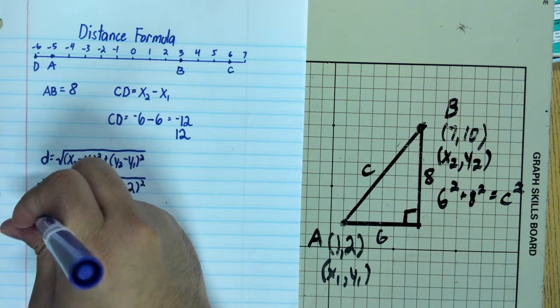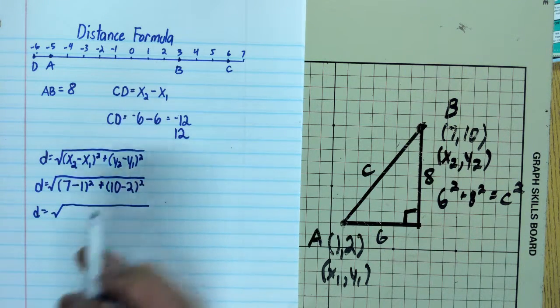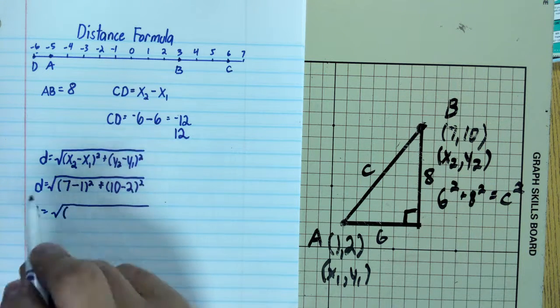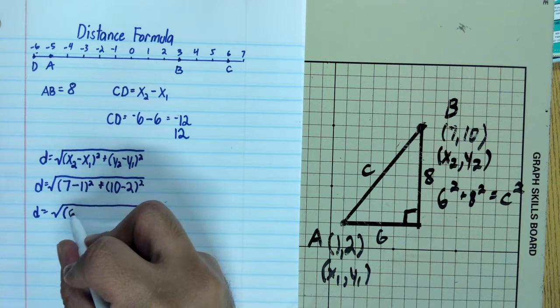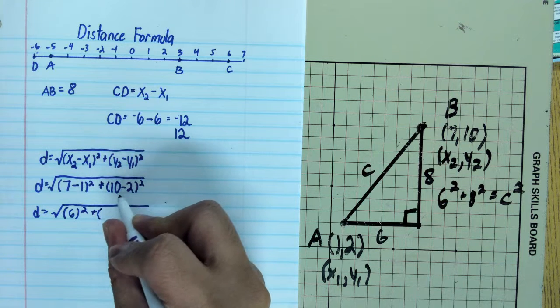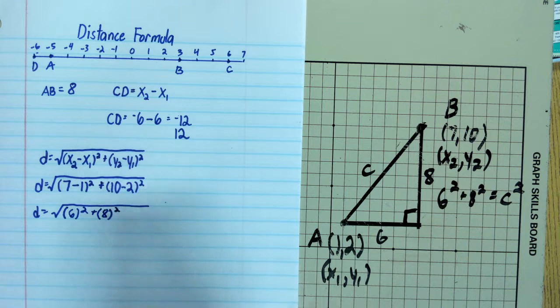When I'm working the distance formula, I keep working on the inside of the square root. The square root is the last thing we want to take care of. 7 minus 1 inside the parentheses gets me 6, so this becomes 6 squared, plus 10 minus 2 is 8, so this becomes 8 squared.